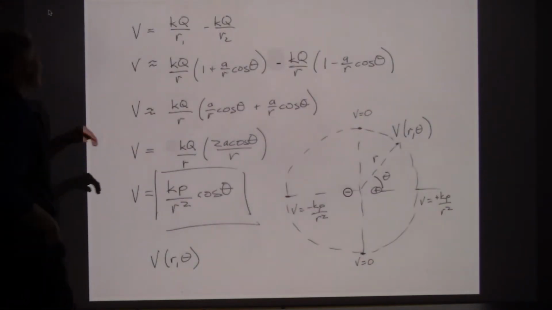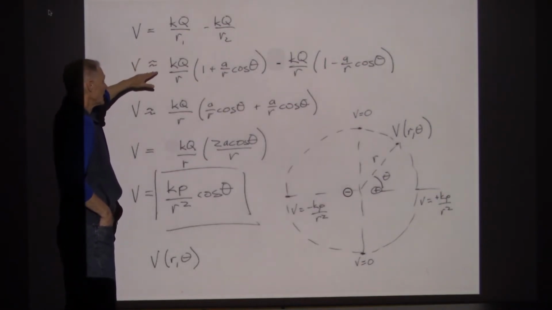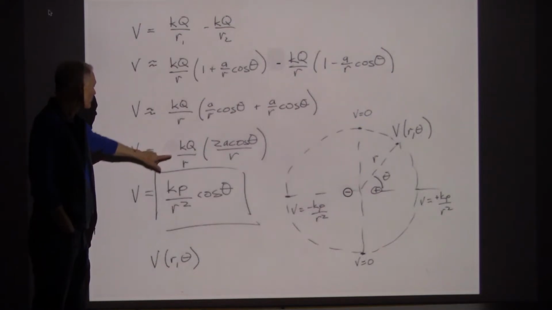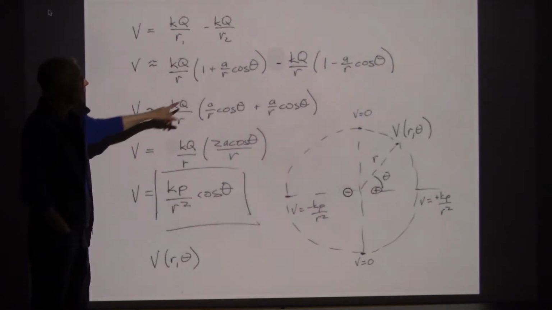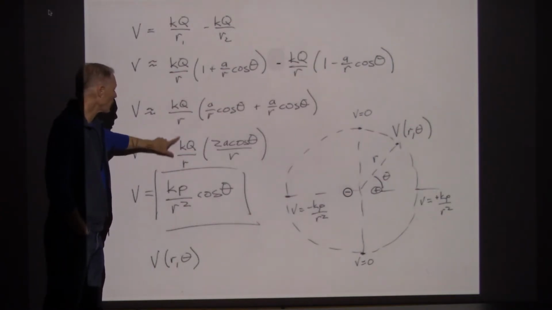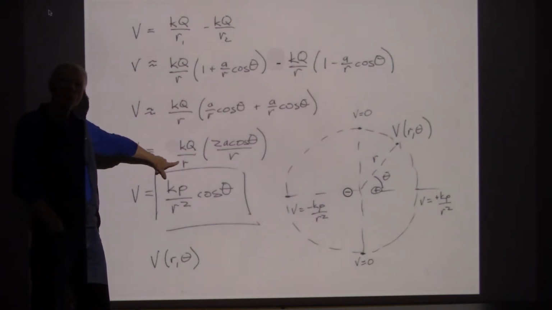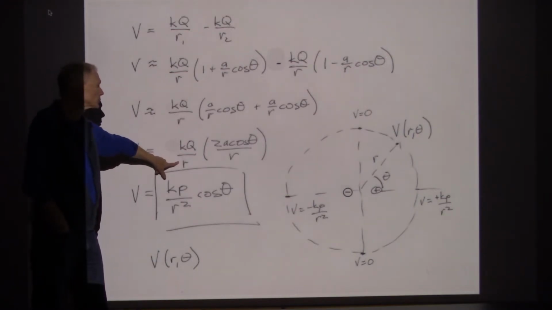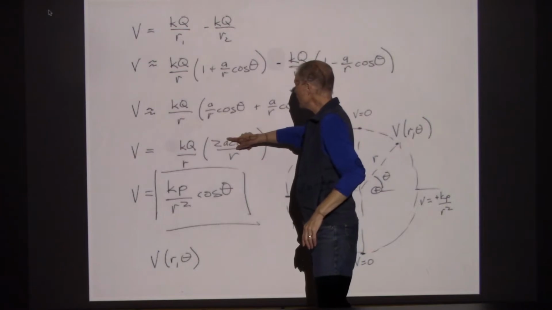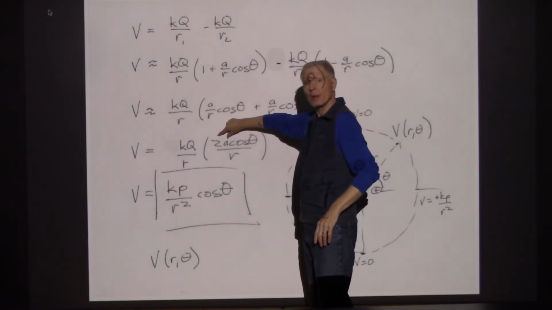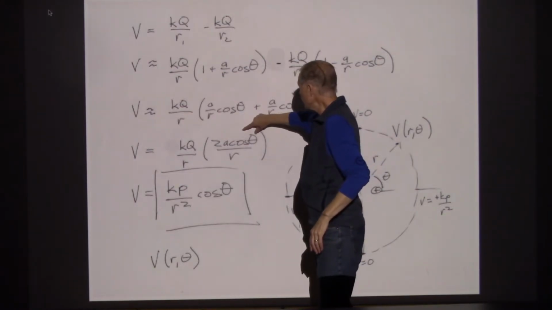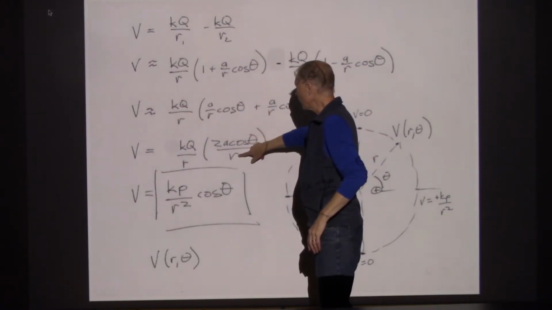When I substitute in these approximate formulas and carry out the algebra, I get a formula that says the potential at point A is given by kq over r. Now that's the old formula for a point charge, but it's going to get multiplied by 2 times a, the distance between the two charges in my dipole, times the cosine of theta divided by r.